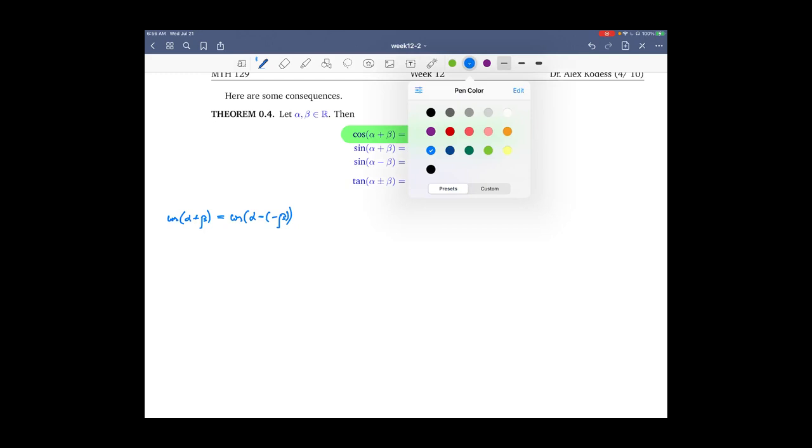And at this point, we use the cosine of a difference formula from the previous page.